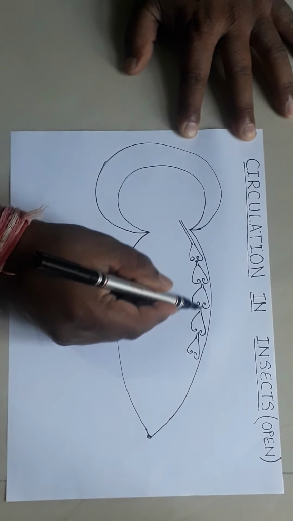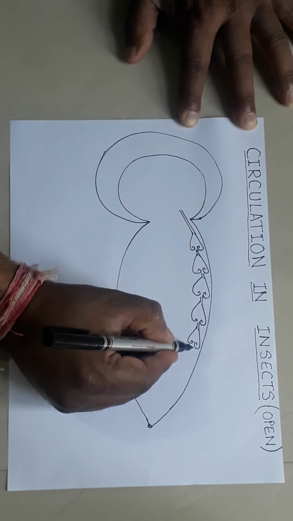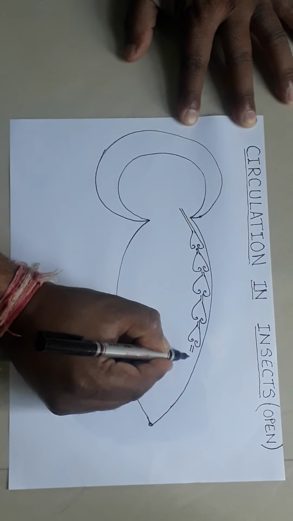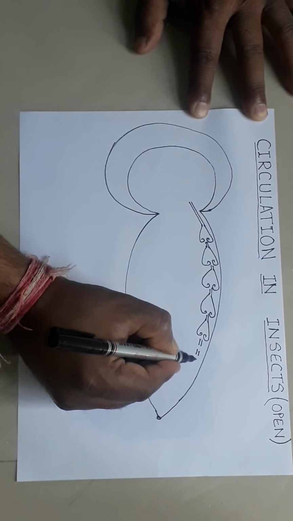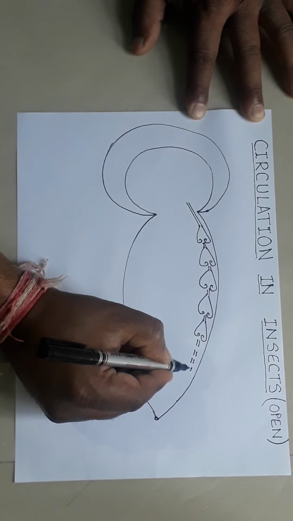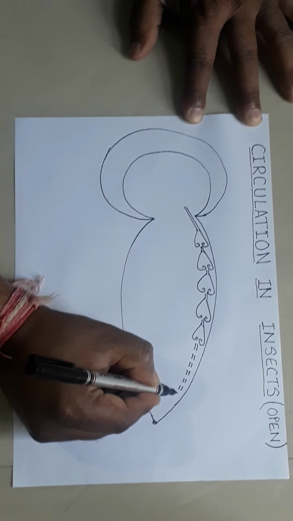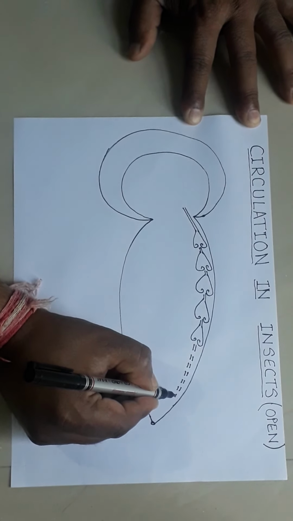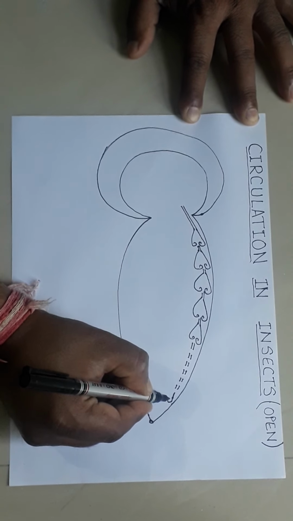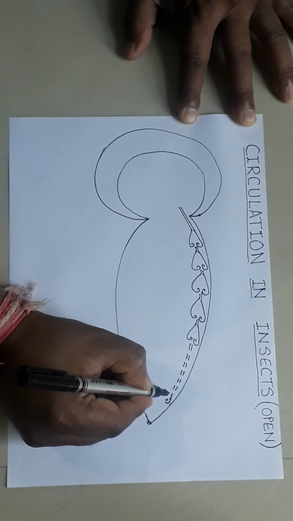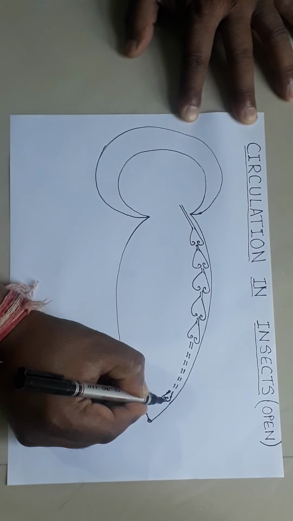1, 2, 3, 4, 5. Rest we will draw simply like this. 6, 7, 8, 9, 10, 11, and this is the 12th one. Like this.